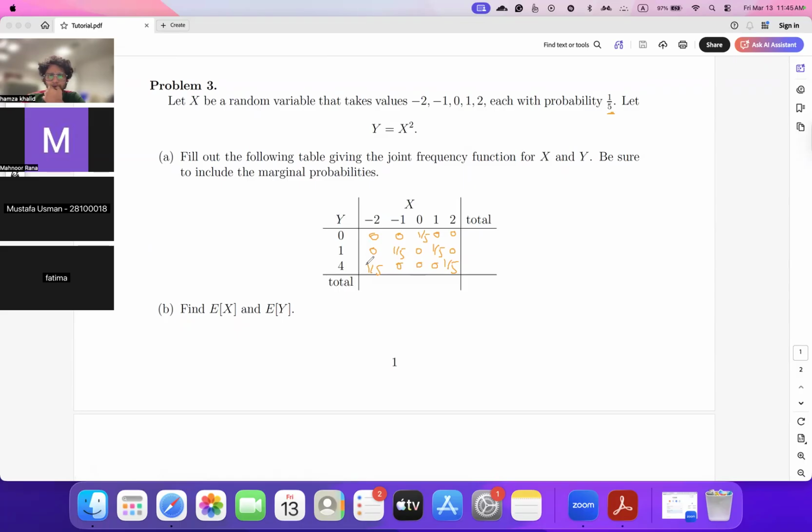I think there should be the probability that X equals -2 and Y equals 4. Because I'm getting the 4 from the 2 as well, right?